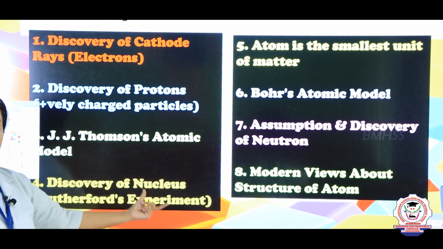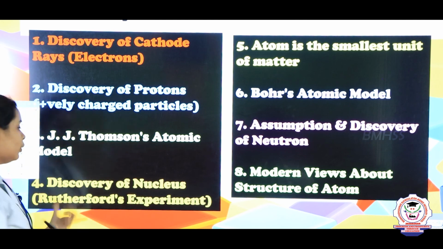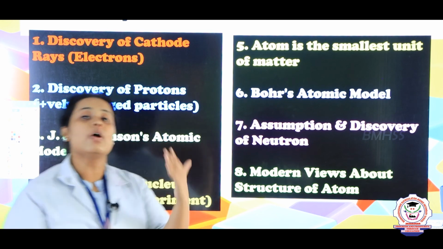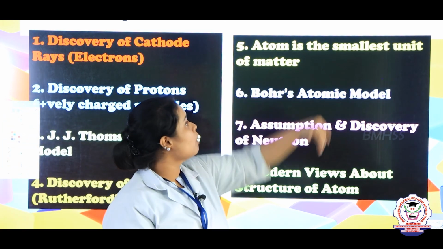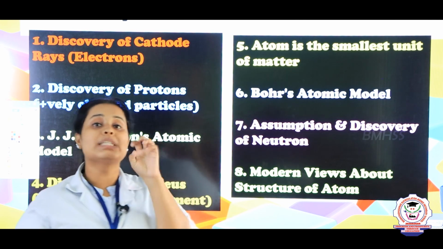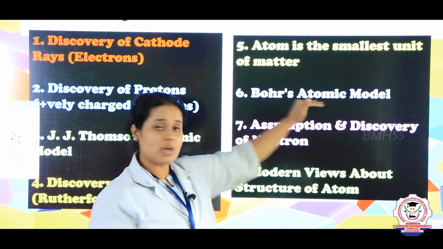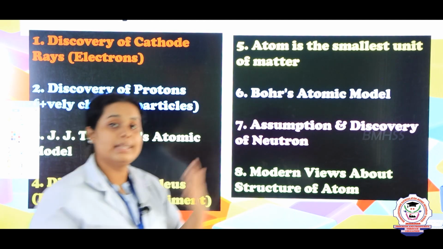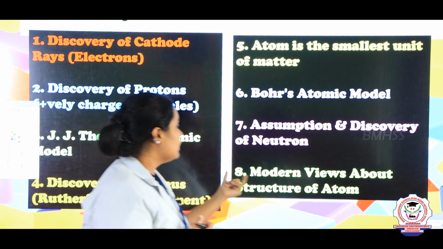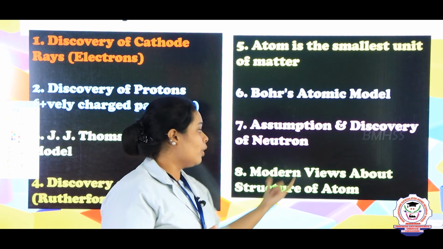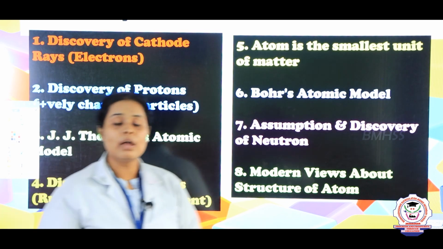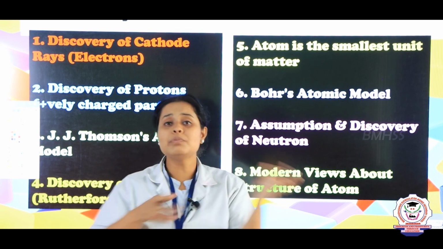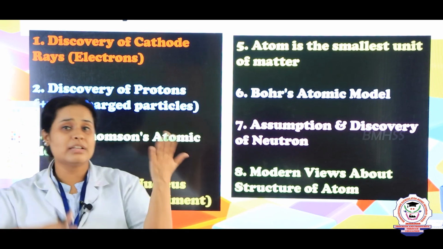Then the nucleus discovery which was done by Rutherford with an experiment, and you all know what the experiment is, the gold foil experiment. Then the atom as the smallest part of matter, which we are going to discuss deeply. Then Bohr's atomic theory, and the discovery of neutrons, how they originated or were discovered. And the last one we are going to see is the modern view of atomic structure, how from history to recent times all these atomic structures have been discovered, changed, modified and everything.